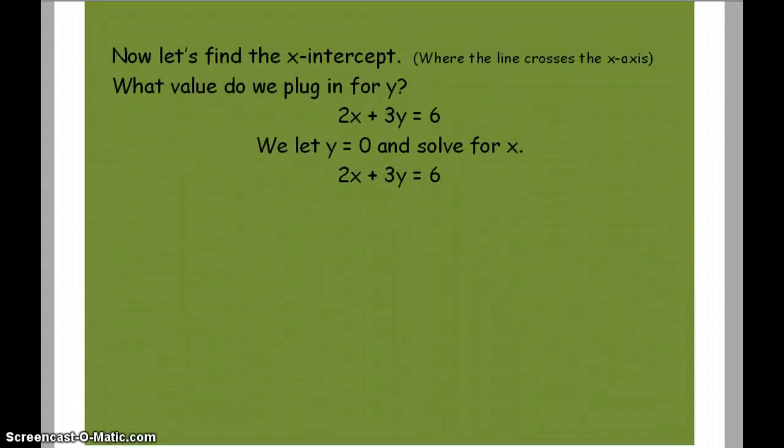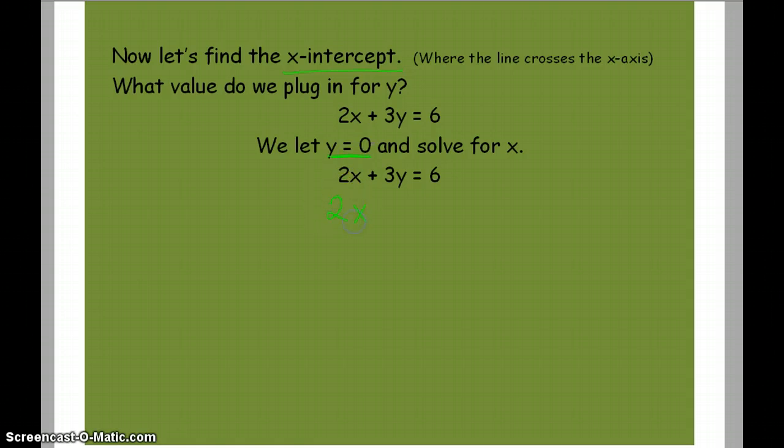Okay, now we're going to do the same thing, except this time we're looking for the x-intercept, or where the line crosses the x-axis. So this time, what are we going to plug in for y? Because I'm looking for what crosses the x-axis, I'm going to let y equal 0, and then I'm going to solve for x.